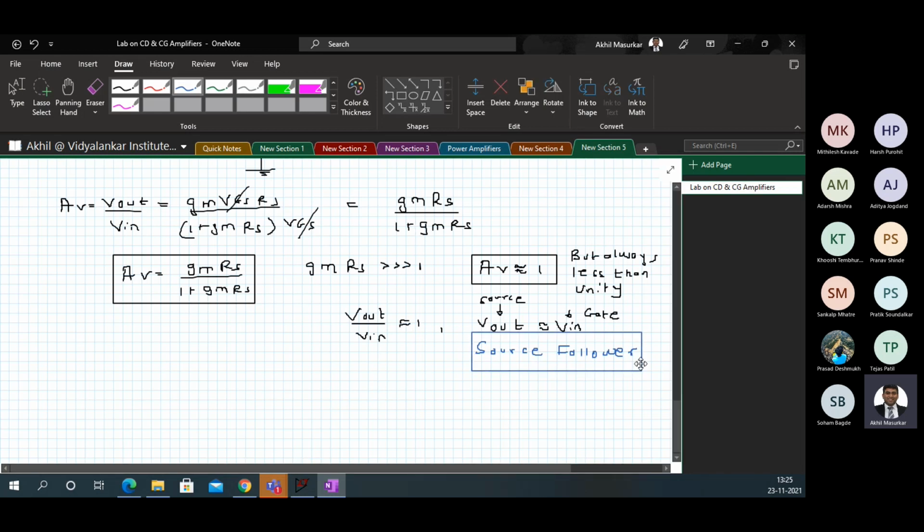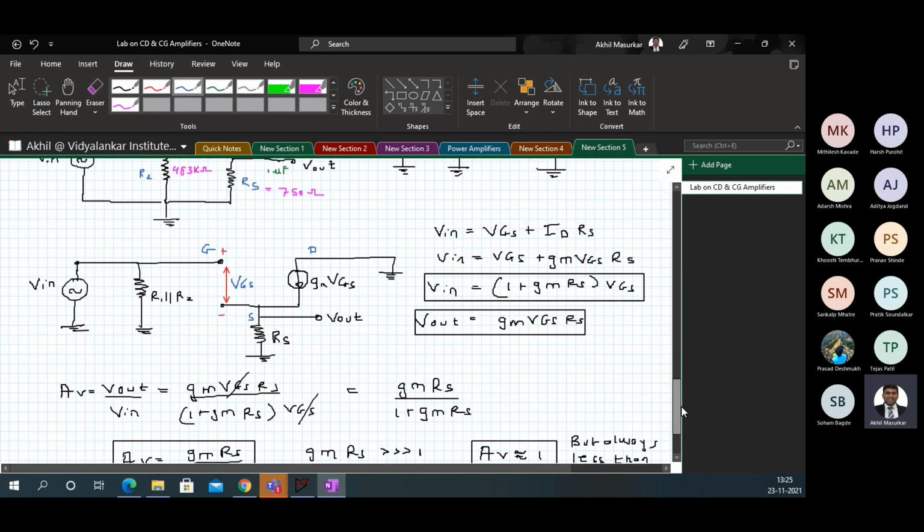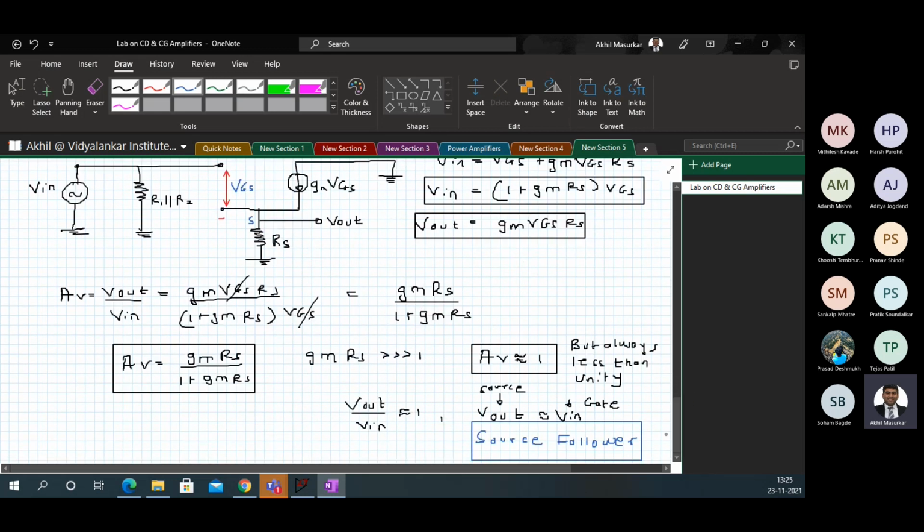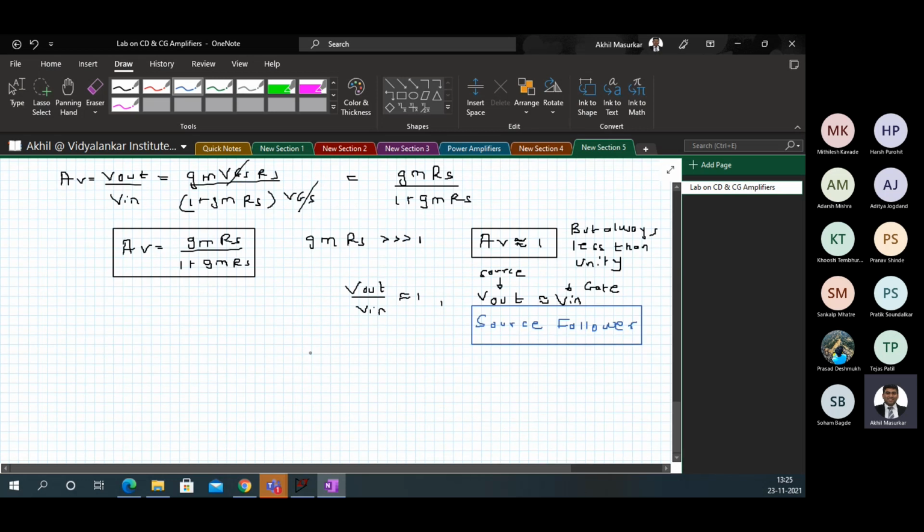So in the exam, if they ask you for a common drain amplifier, it is a source follower only. Or if they ask you to draw the circuit of a source follower, it is a common drain circuit only.